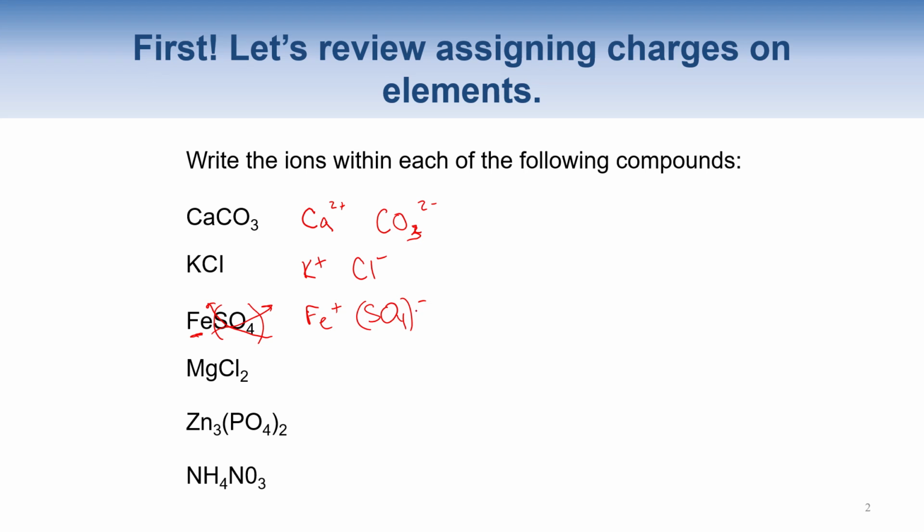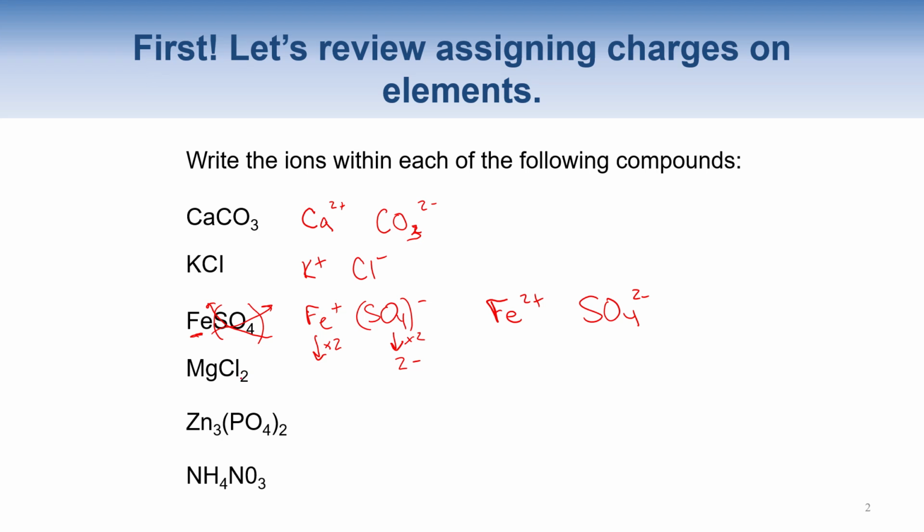However, SO4 actually is supposed to be 2 minus, so we have to multiply that by 2. That means we're also going to have to multiply iron by 2 to get to the true charge of iron. So the true charge of iron then would be Fe2+ and sulfate SO4 2 minus.